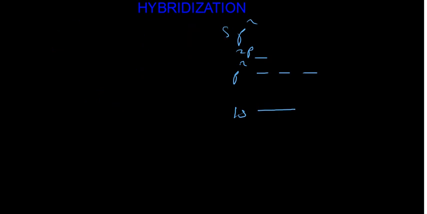So remember, 1p has remained. So what is happening is we have got a 2s coming together with the p's. Now remember, 1p had remained there, so 1p is remaining unhybridized.